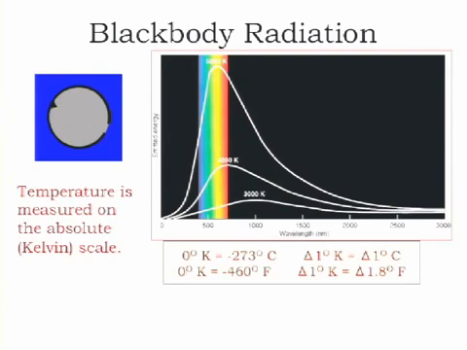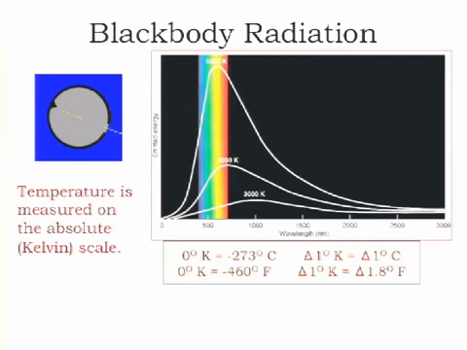A change of 1 degree Kelvin is a change of 1 degree centigrade. That means that 0 degrees centigrade is 273 Kelvin. 100 degrees centigrade is 373 Kelvin. The transformation is 1 degree Kelvin to 1.8 degrees Fahrenheit.